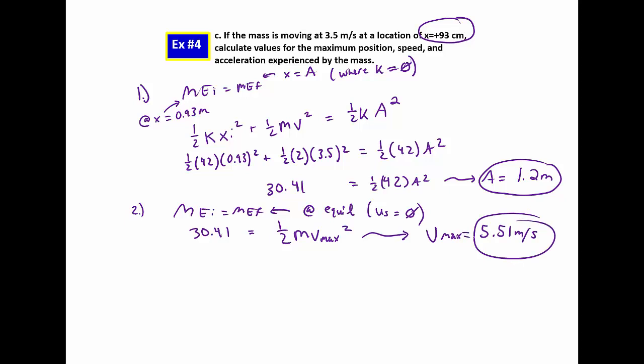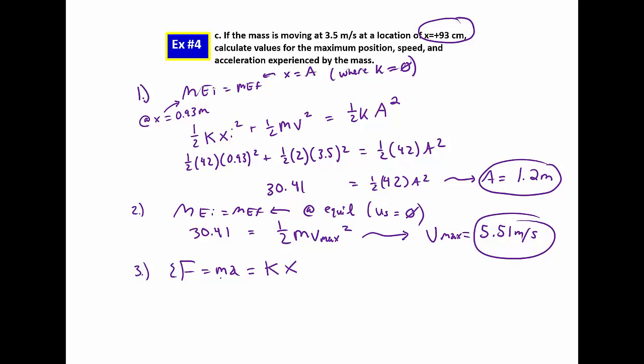The third part says calculate the maximum acceleration of the mass. And remember, this is going to occur when that force is the greatest. So when I look at Newton's second law, F equals ma, and that force, because of Hooke's law, is going to be equal to kx.